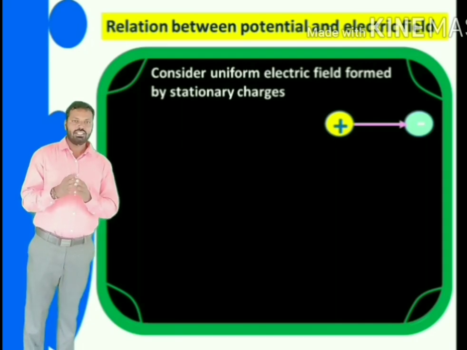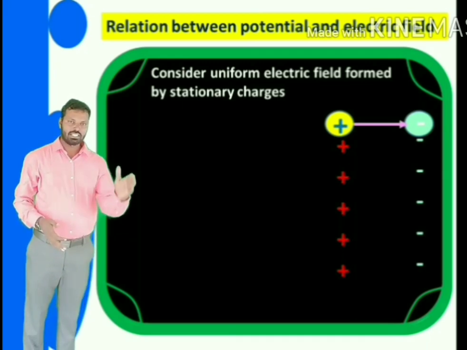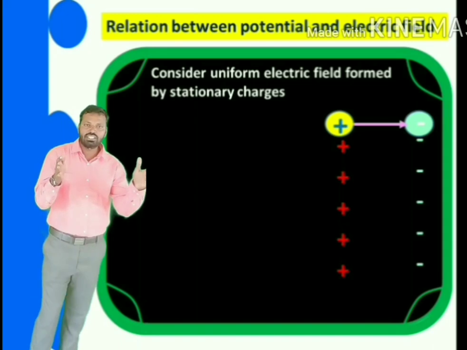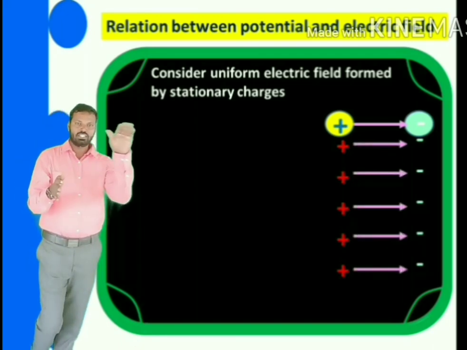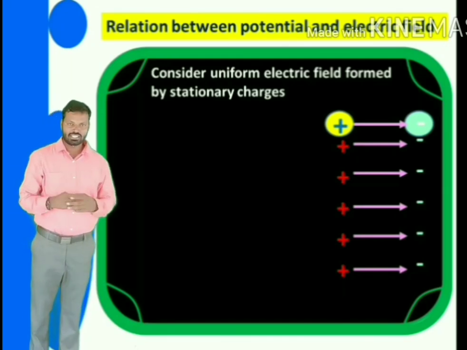Similarly, if I have stationary charges plus plus plus like this, minus minus minus like this, the electric field formed between these 2 surfaces will be like this. It is shown with arrow marks. Now this field is called a uniform electric field.